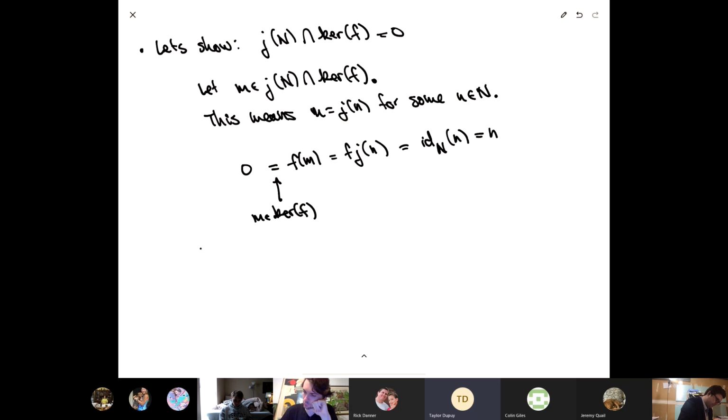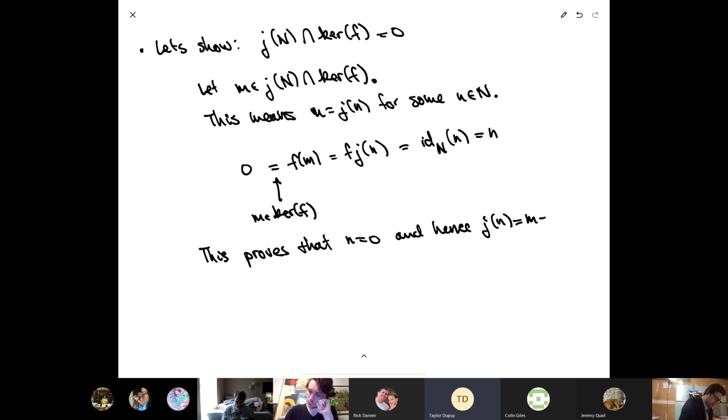So this proves that n is equal to 0, and hence J of n, which is equal to M, is equal to 0. So we showed that the element was 0 by taking it in the intersection. Okay, so that's the first part.